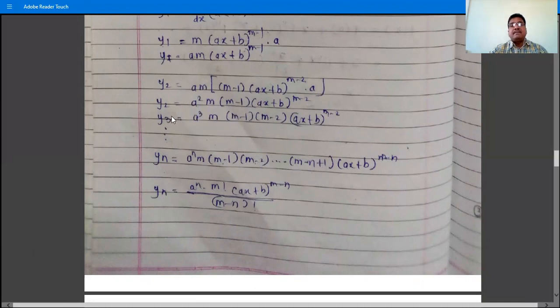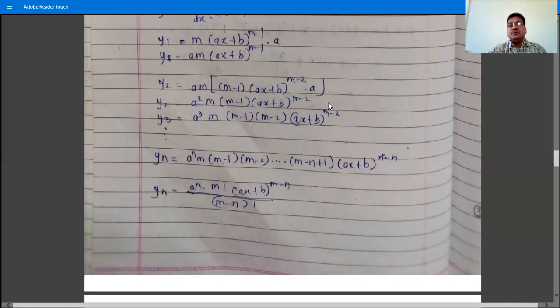If we observe y3, the last bracket is m minus 2; that is, for 3 it is m minus 3 plus 1. For 2 it is m minus 2 plus 1. So for yn, the last bracket is m minus n plus 1.